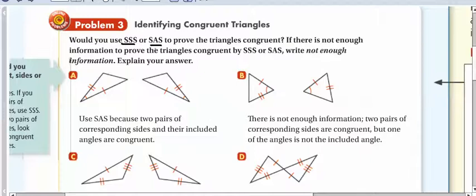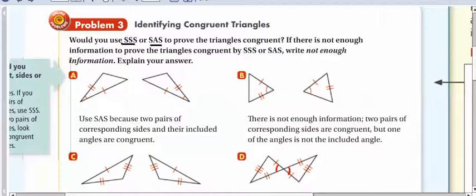But can you use side, angle, side? No. Aren't those two angles congruent? No, but they're not in the same place, are they? It doesn't matter if they're in the same place. It matters if they're the included angle. You've got a side, an included angle, and a side.